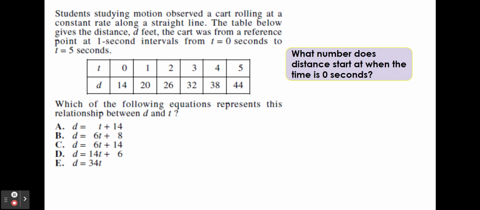Students studying motion observed a cart rolling at a constant rate along a straight line. The table below gives the distance D in feet the cart was from a reference point at 1 second intervals from time equals 0 seconds to 5 seconds. Which of the following equations represents this relationship between distance and time? A, B, C, D, or E? You're going to use the same thought process to solve this one that you did the last one.